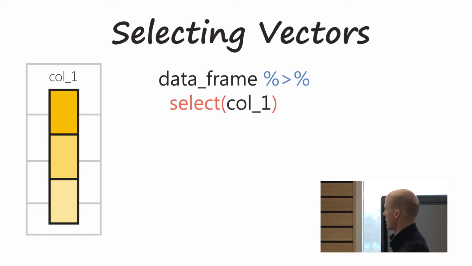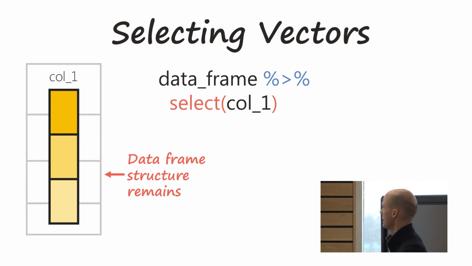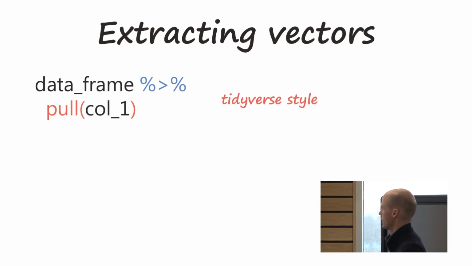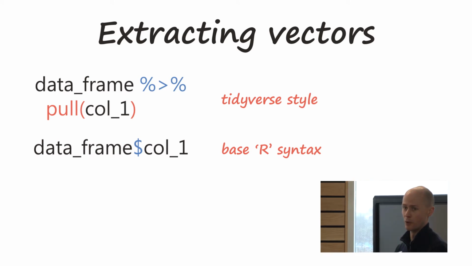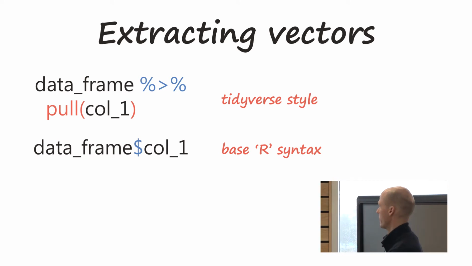But this command leaves the data frame structure in place, and so you need commands such as pull, which is tidyverse style, or this dollar sign, which those of you who have used R in the past are probably very familiar with.